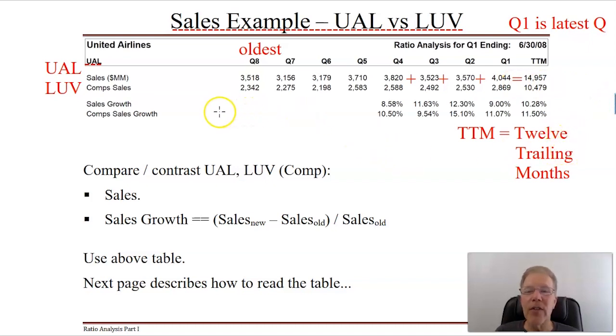Okay, and I've got sales growth here for each company, and inquiring minds might want to know, how come I only have 4 quarters of sales growth? Well, because I've got to compare year on year.